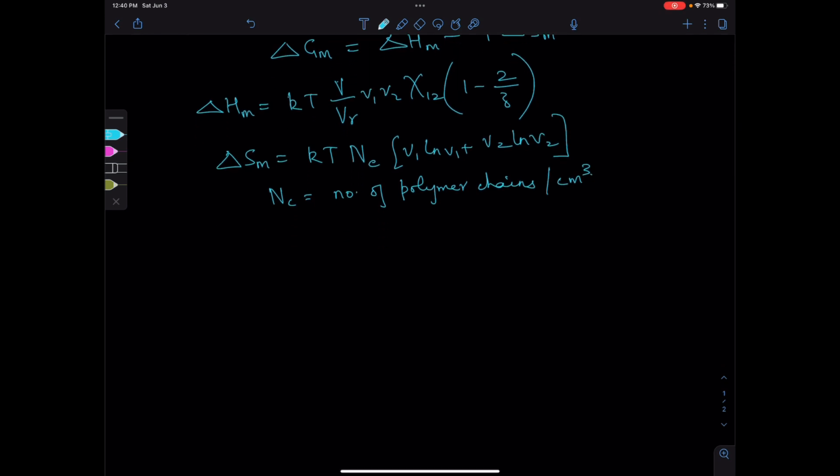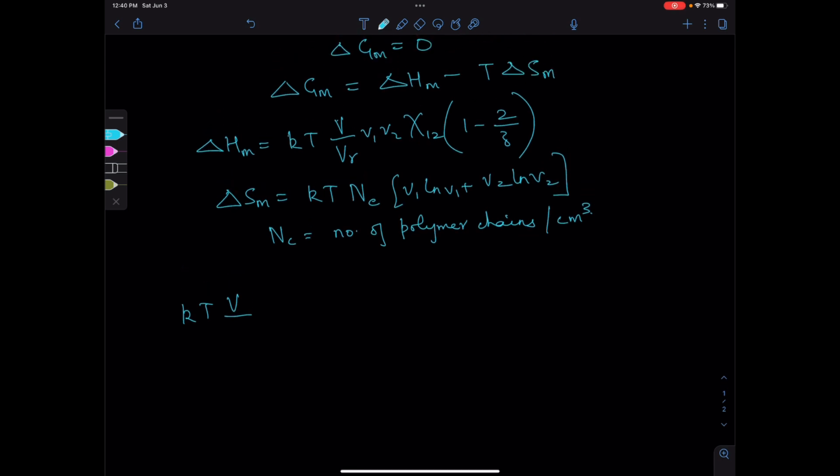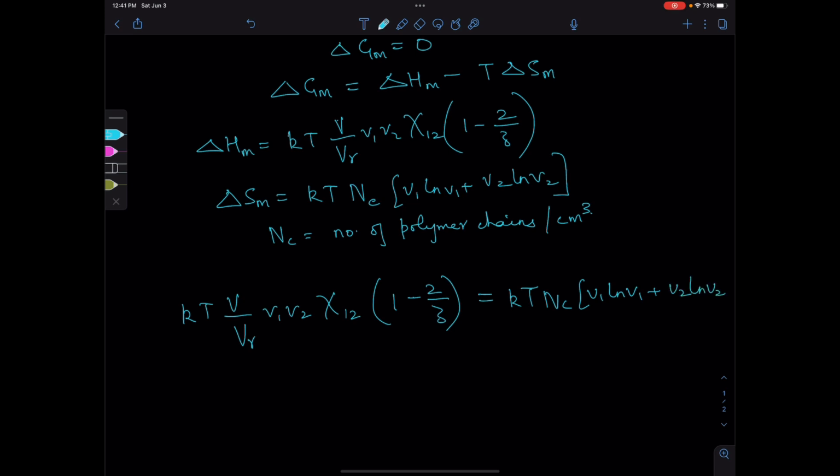So we want to find out the point at which delta Hm becomes equal to minus T delta Sm. So the point at which kT V over Vr v1 v2 chi12 times 1 minus 2 over z becomes equal to kT times Nc times (v1 ln v1 plus v2 ln v2).